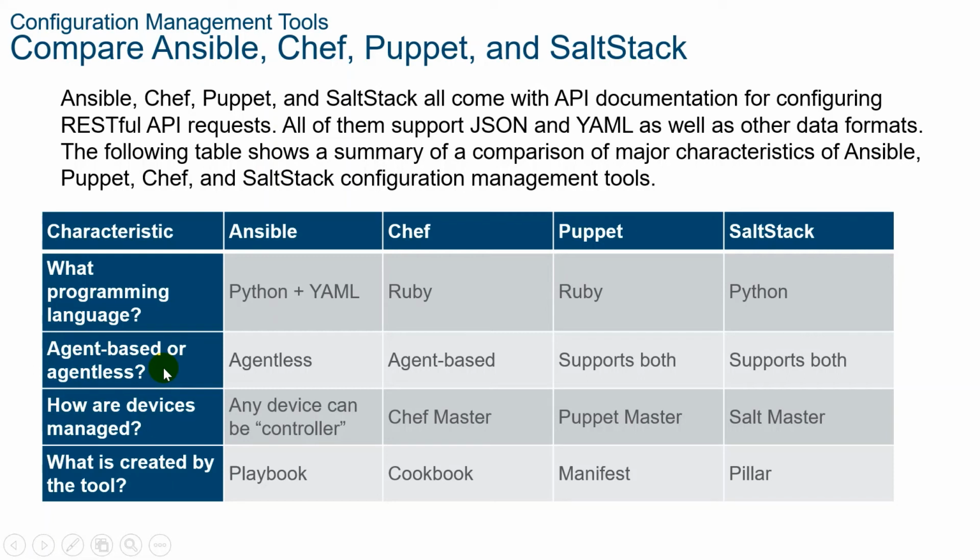So changes are done on the master and pulled down and executed by the device. Agentless configuration management is push-based. A configuration script is run on the master. The master connects to the device and executes the tasks in the script. Of the four configuration tools in the table, only Ansible is agentless.